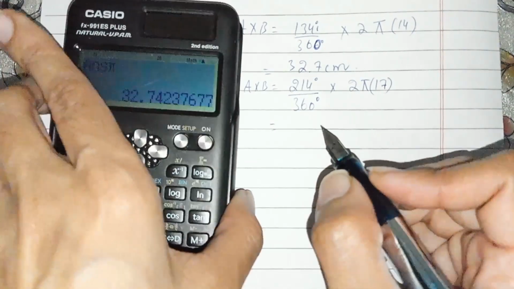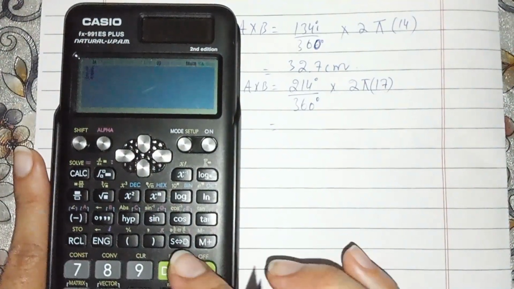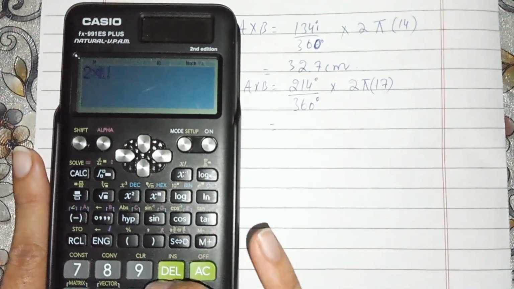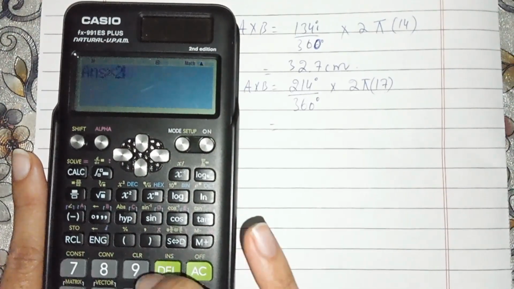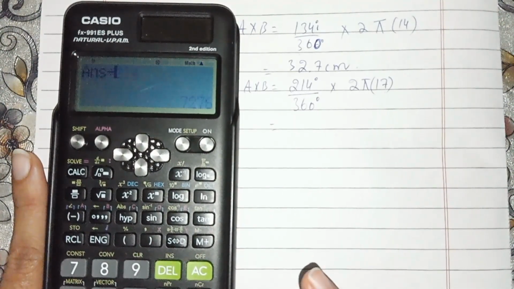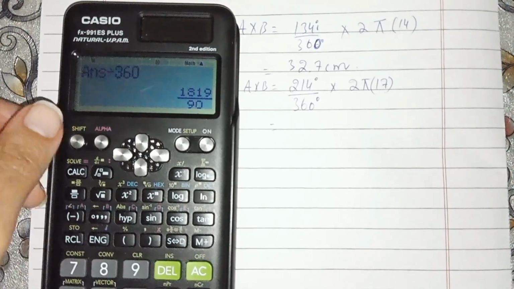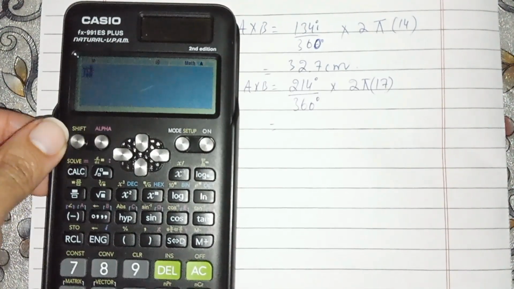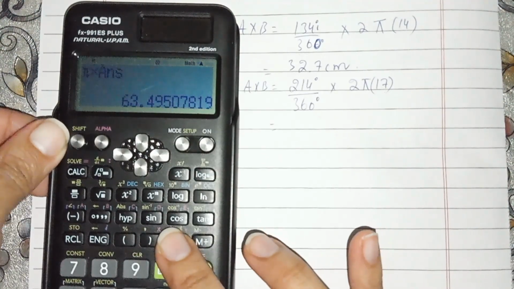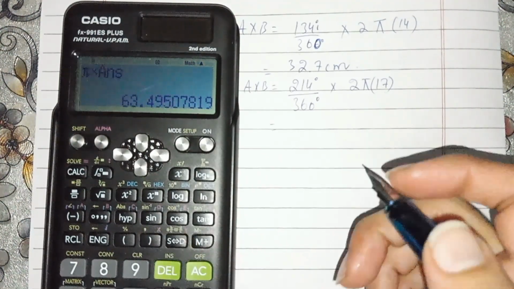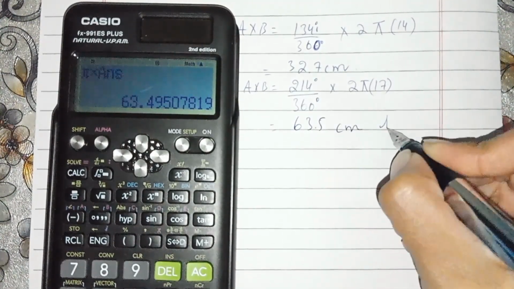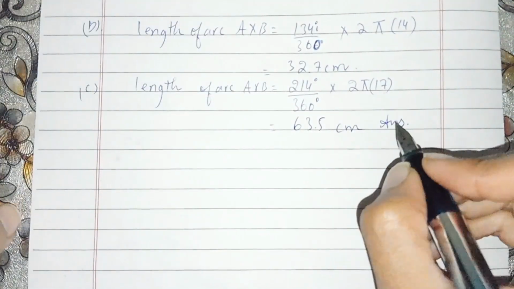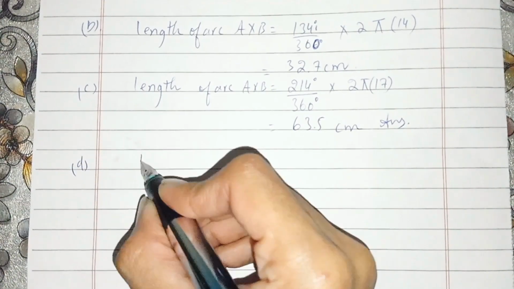Now solve it. 2 multiply by 17 multiply by 214 divided by 360 and pi, we get 63.5 centimeter answer. Very simple.